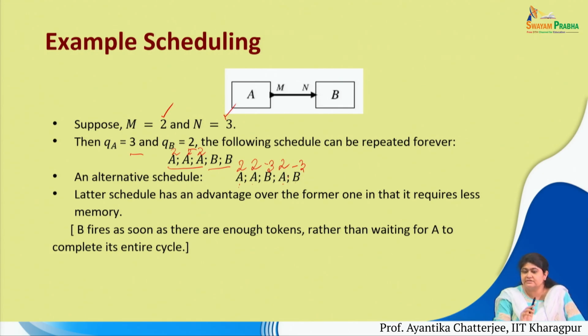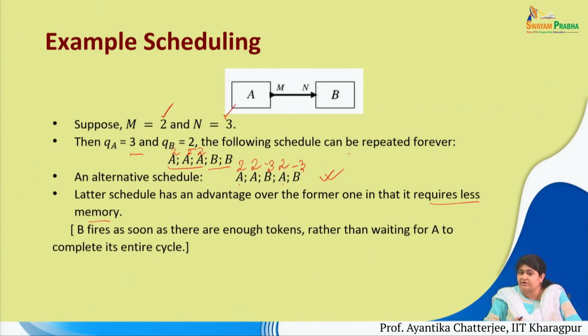Whereas for the alternate one, we can design the buffer length such that if it can hold a maximum of 2 tokens, that is enough. So that is why this alternate schedule has one advantage: it requires less memory. Okay. So when we are talking about data flow computations and deciding the buffer length, the constraint we put on the buffer will also control which way we decide our scheduling policy, and vice versa.